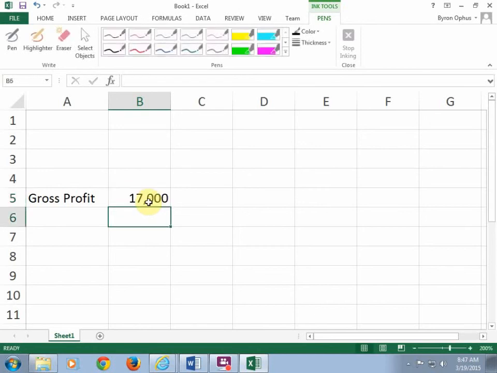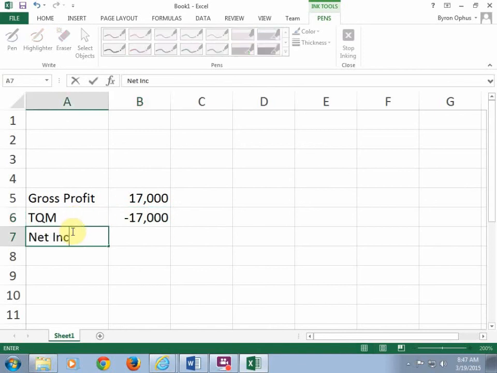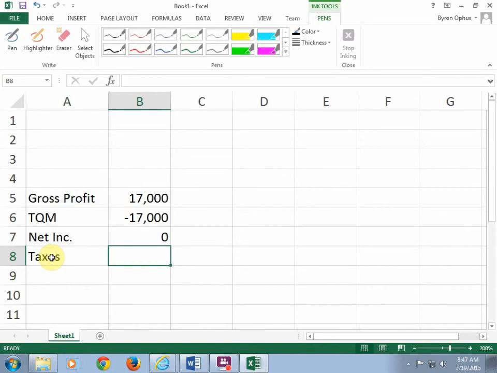But let's say they made $17 million in gross profit, right? So they got $17 million in gross profit, but then they invest in TQM $17 million. So what's its net income? Zero. Okay, so what's its taxes? Zero, right? They didn't make any money, so they got zero taxes.